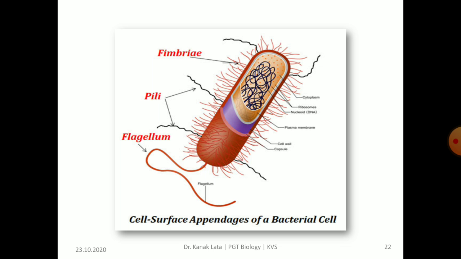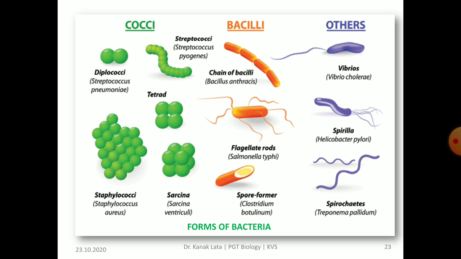In the given figure, you may observe the cell surface appendages of a bacterial cell. You can observe here fimbriae, pili as well as flagellum. Here are the different forms of bacteria: cocci, bacillus, spirillum, vibrio, etc.